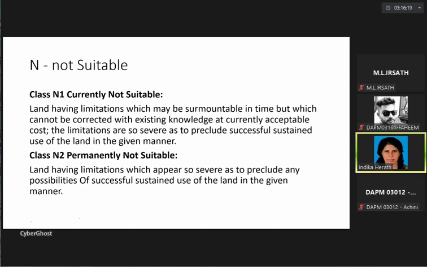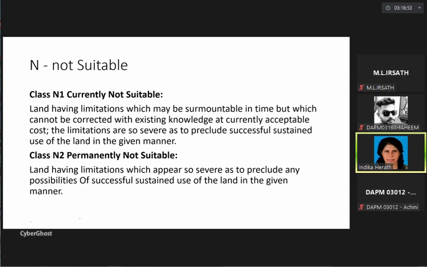But maybe you can do some changes to make it suitable, right? You can correct certain problems. When the land has limitations which may be surmountable in time, but which cannot be corrected with existing knowledge.